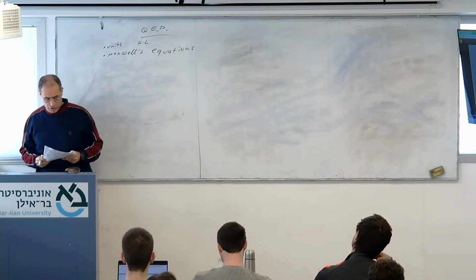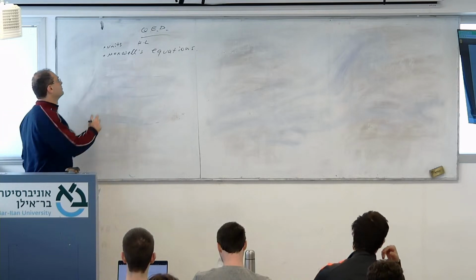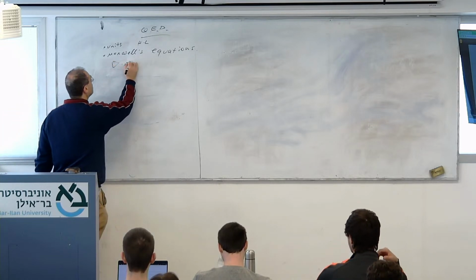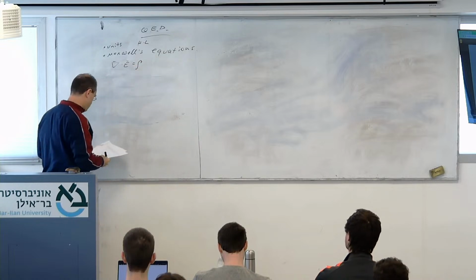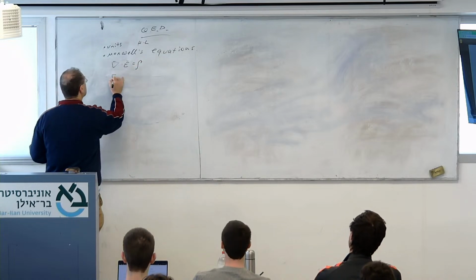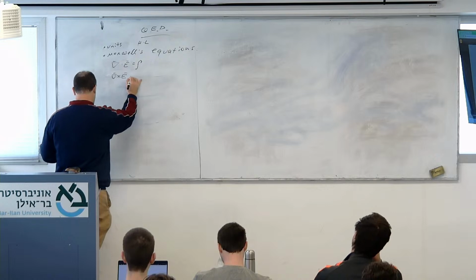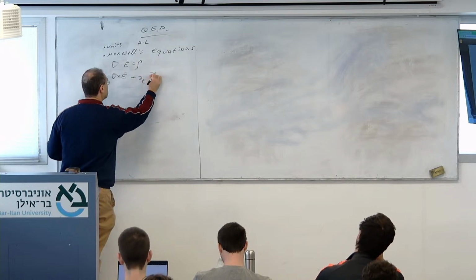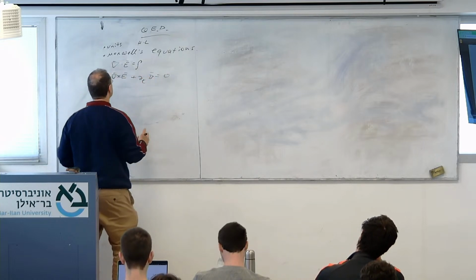So the Maxwell equations you know look like that. Nabla dot E is equal to rho. That's Gauss's law, right? Nabla cross E plus dB/dt is equal to 0. That's Faraday.